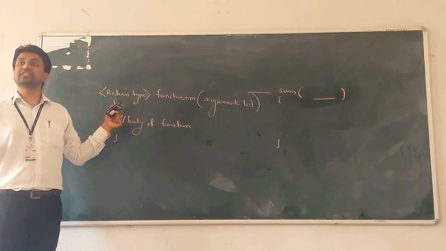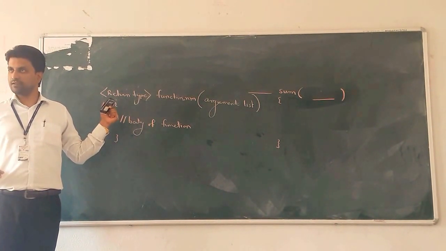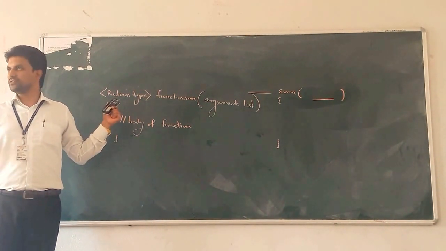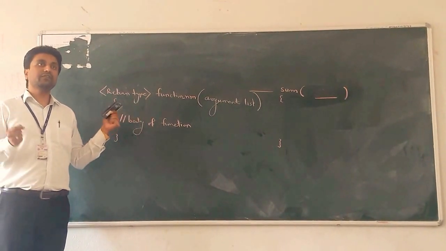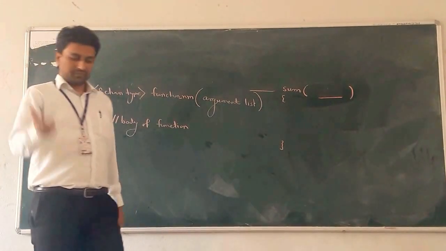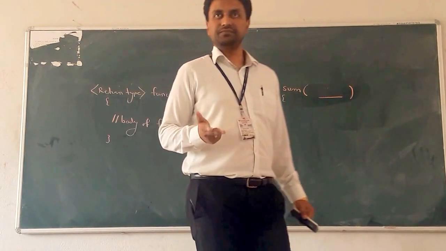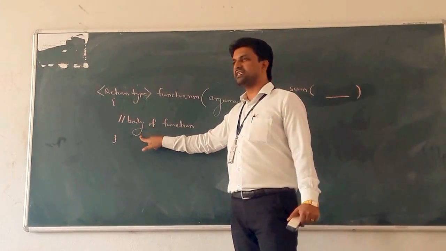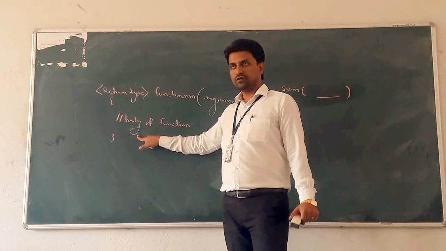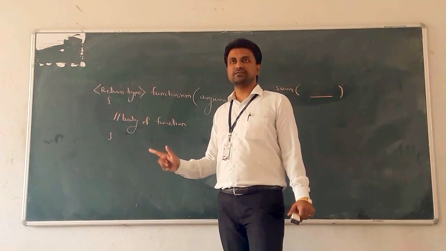That means return type is the data type of the function. We know the data types: integer, float, character. Whatever the return type may be, if the return type is other than void, meaning int, float, double, then a return statement must be present in the function.